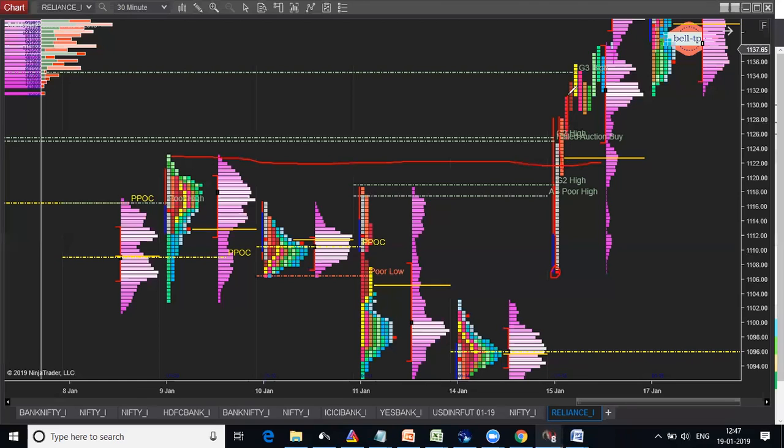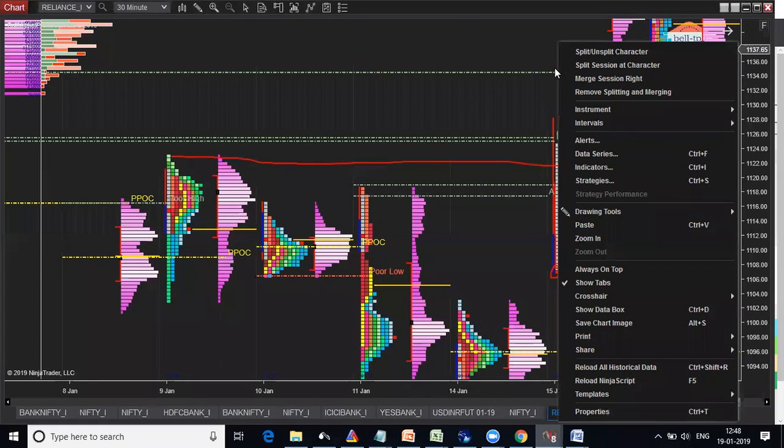You're getting my point? You have to do the continuation. You can expect either price to balance in the second half of the day, or you can expect the price to go further up. You cannot expect these single prints to get faded. Don't try to fade B period and C period single prints.